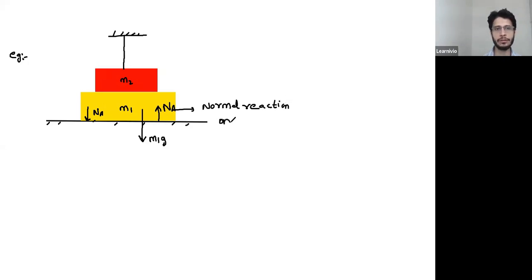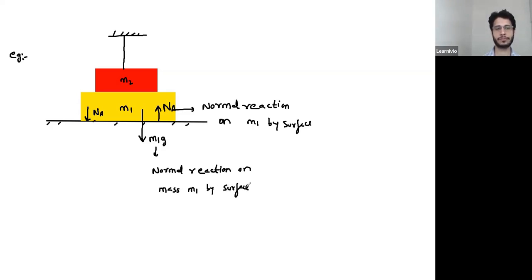on M1 by surface. This M1G is normal reaction on mass M1 by surface, not surface, by earth.